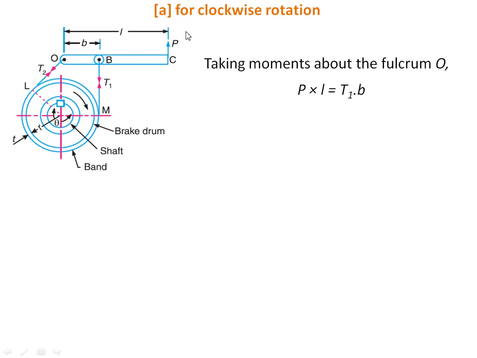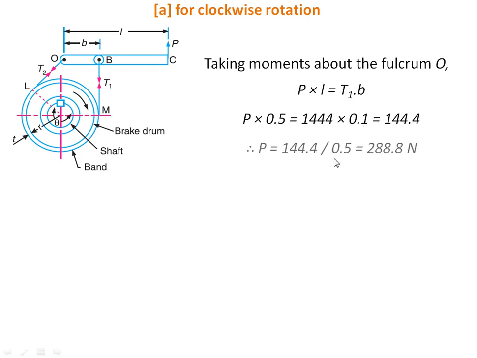Therefore, P into L will be equal to T1 into B. So we know this value of T1, B is given in the problem, L is given in the problem. So only unknown here is operating force P. By substituting all the values, we can find out the operating force. It comes to be 288.8 newtons in case of clockwise rotation of drum.